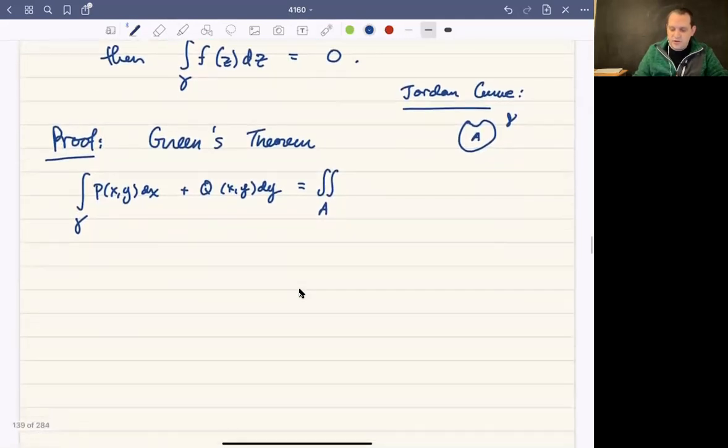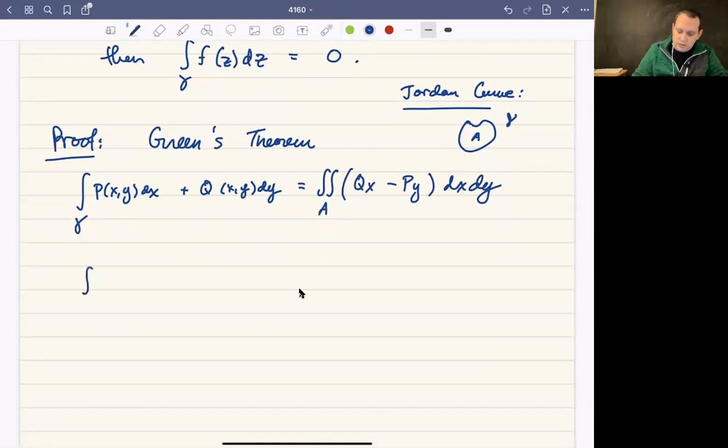Green's theorem says that this line integral is the same as the double integral over the region A of the quantity q sub x minus p sub y dx dy. And so that's Green's theorem.